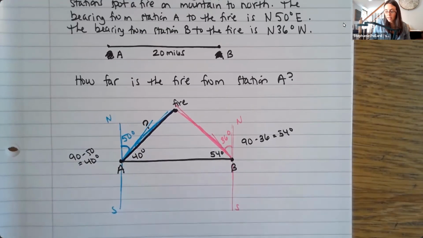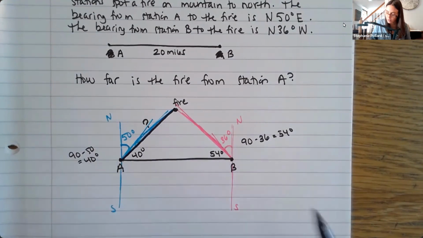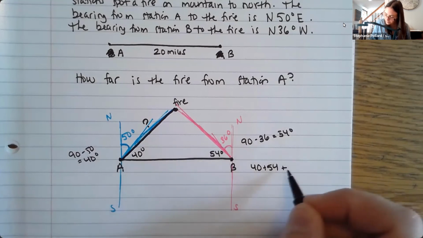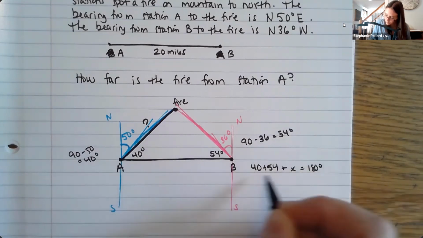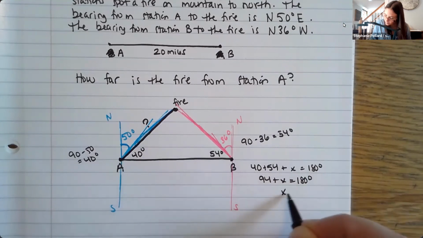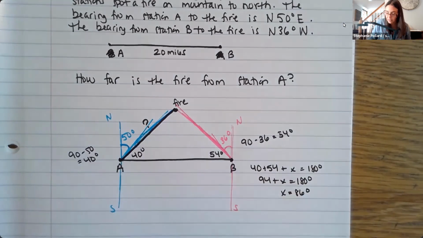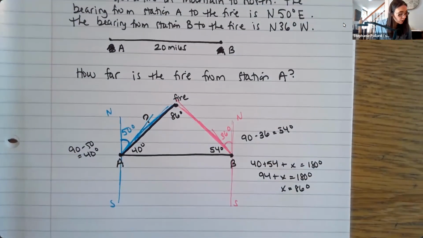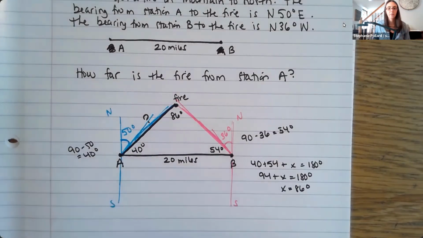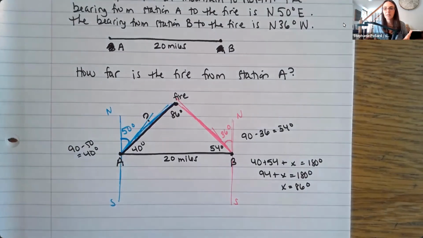Now I can also find the other angle if I want to by using 180. So this would be 86 degrees. I also know that this here was 20 miles. Okay. So I filled in my triangle as much as I can, just initially with some quick math.